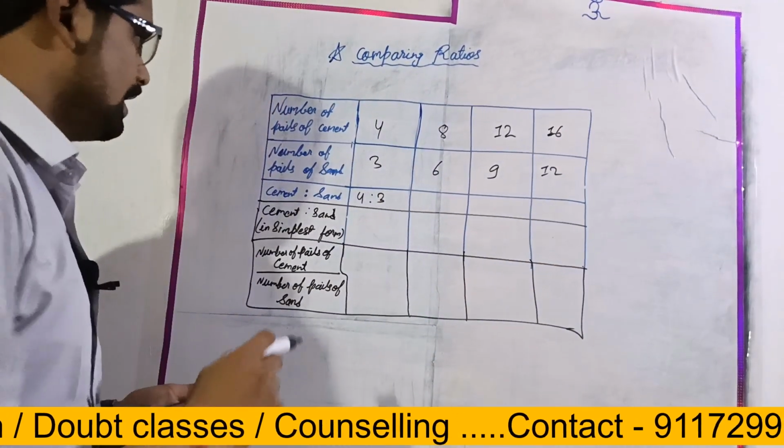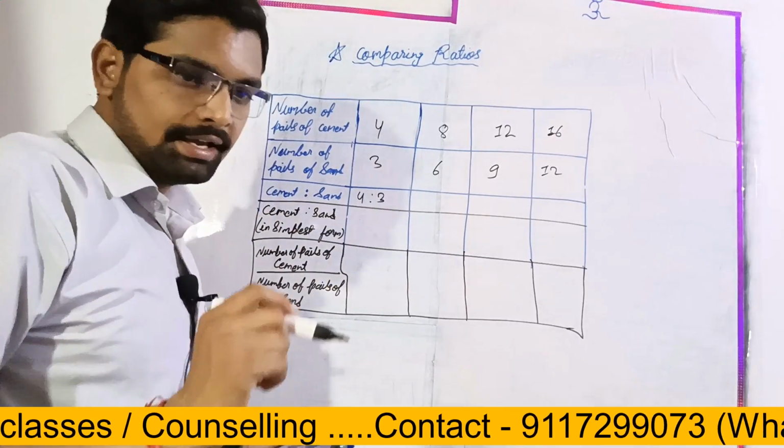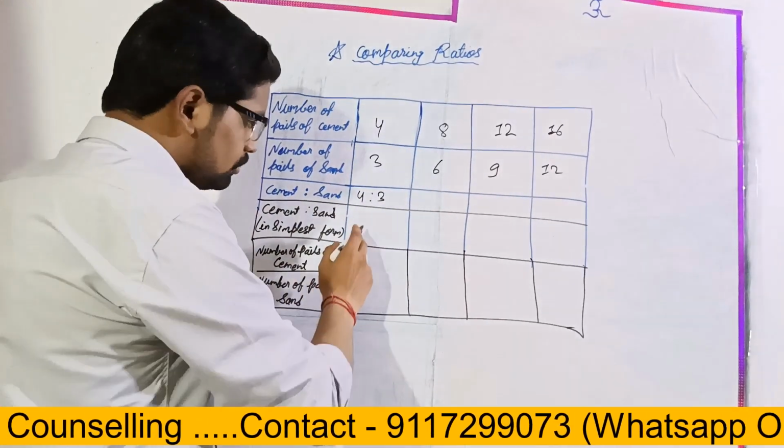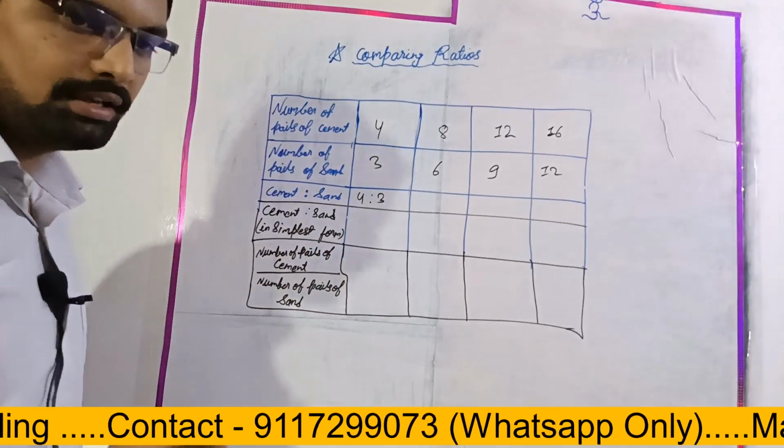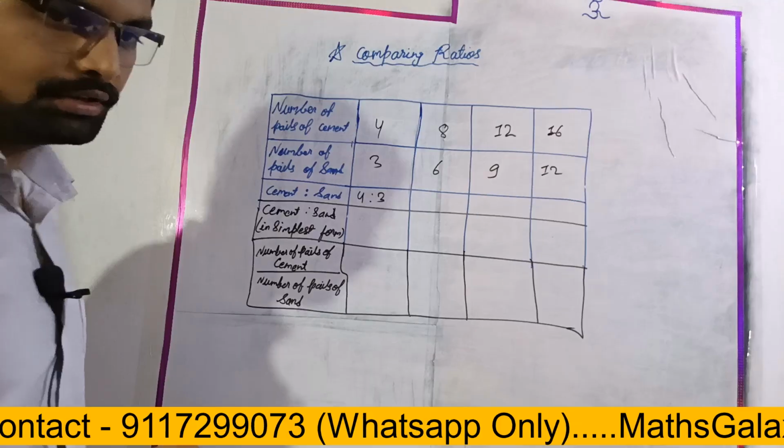Here it is 4:3. What will it be in the simplest form? Tell me.